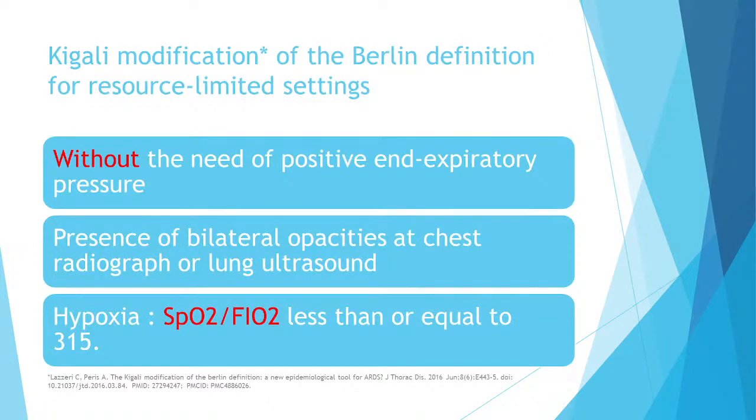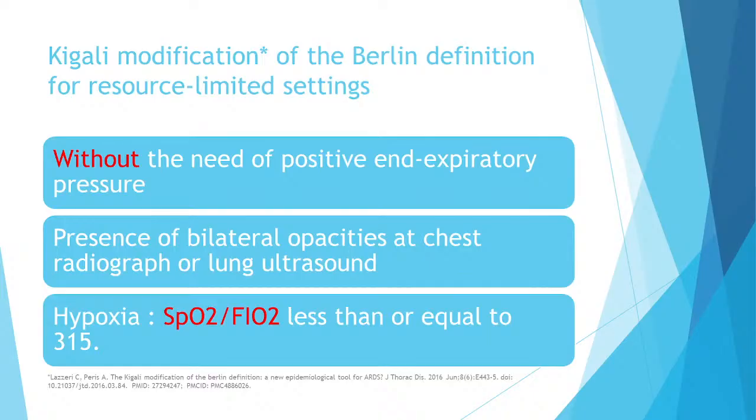That's why in 2016 the Kigali modification was proposed, even though it was not adopted as an official recommendation. This was what it entailed. It said that you do not need positive end-expiratory pressure, and it also included lung ultrasound as a modality for bilateral chest involvement.